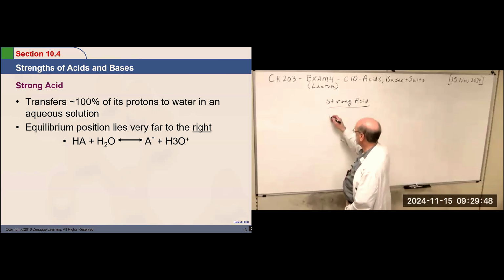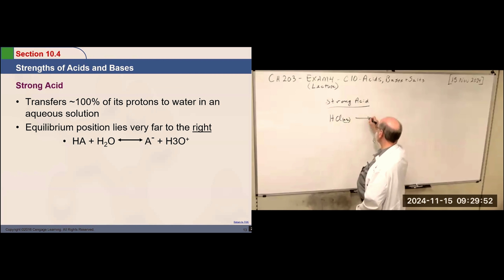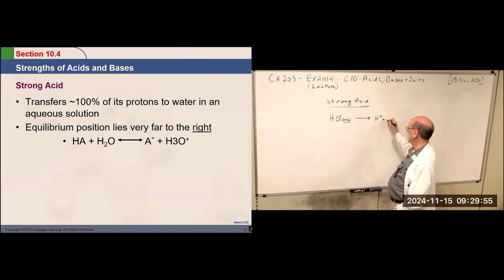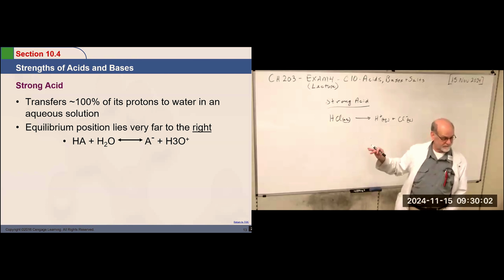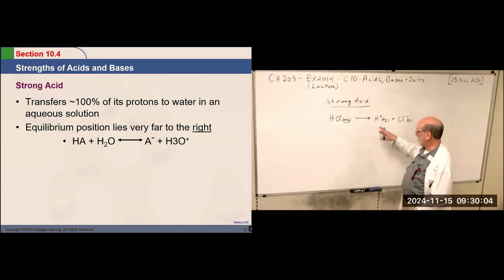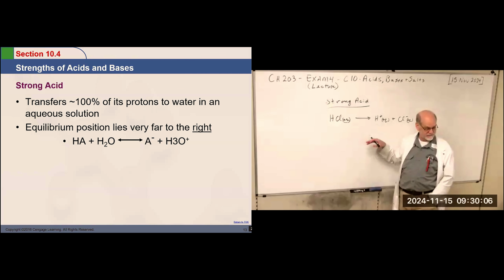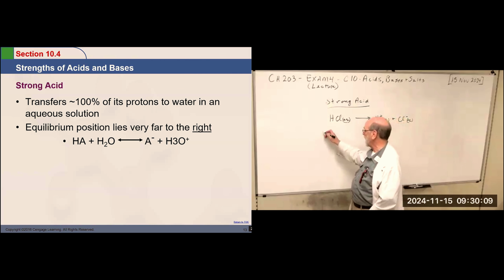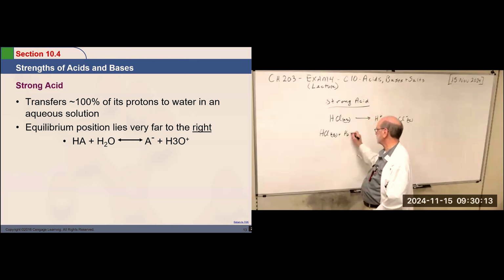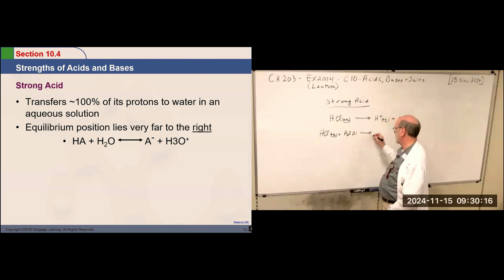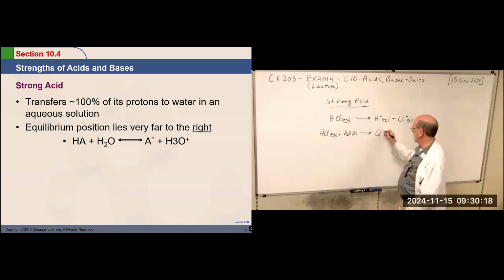Hydrochloric acid fits that bill. When you put hydrochloric acid in water, it will dissociate, and there's a caveat here. I write it this way for convenience. I already told you that proton doesn't exist separately. So the actual reaction would be what? HCl plus water yields chloride plus the hydronium ion.